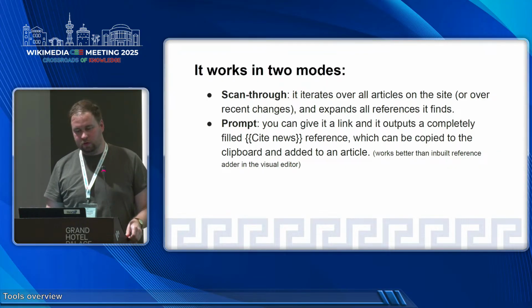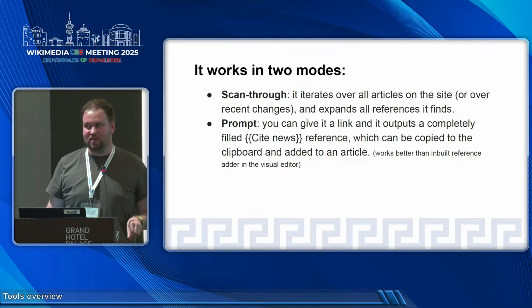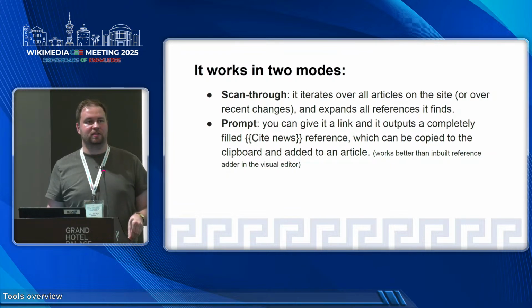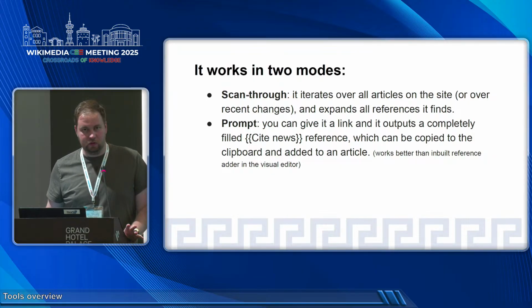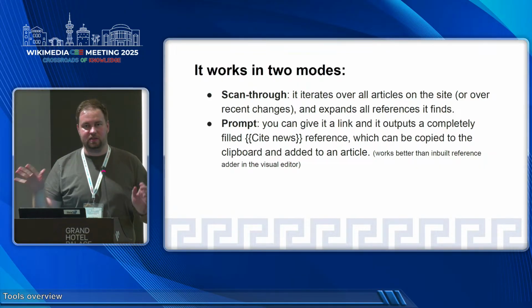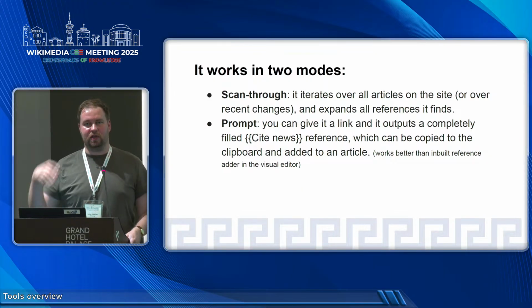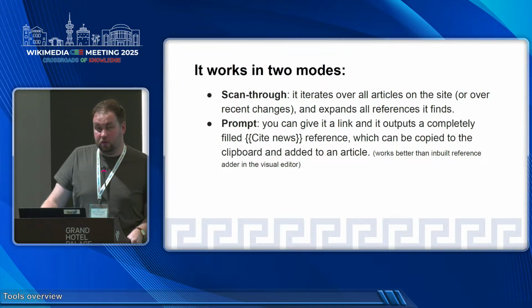There is a scan-through mode, so I launch it from time to time and it scans all of the pages of Ukrainian Wikipedia searching for such cases, and when it finds such, it expands those references, editing the page. Or it can work in a prompt mode, when you give it a link and it outputs the expanded versions, which you can insert into the article which you are currently writing.